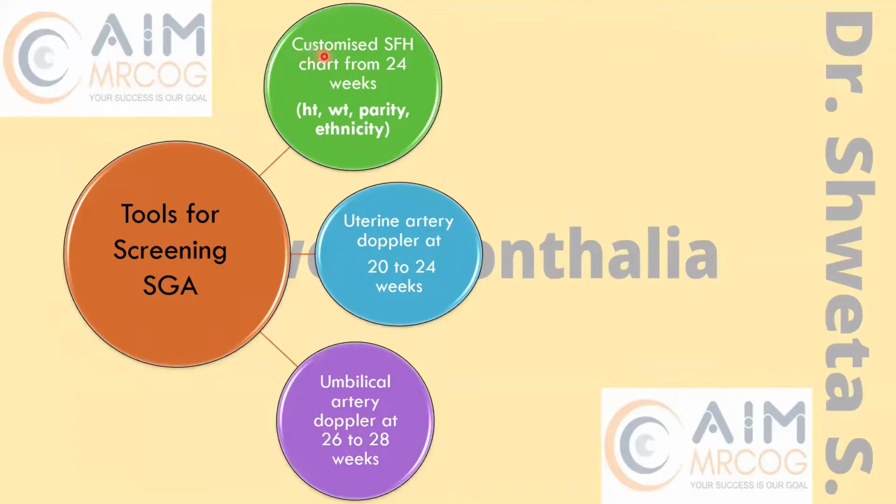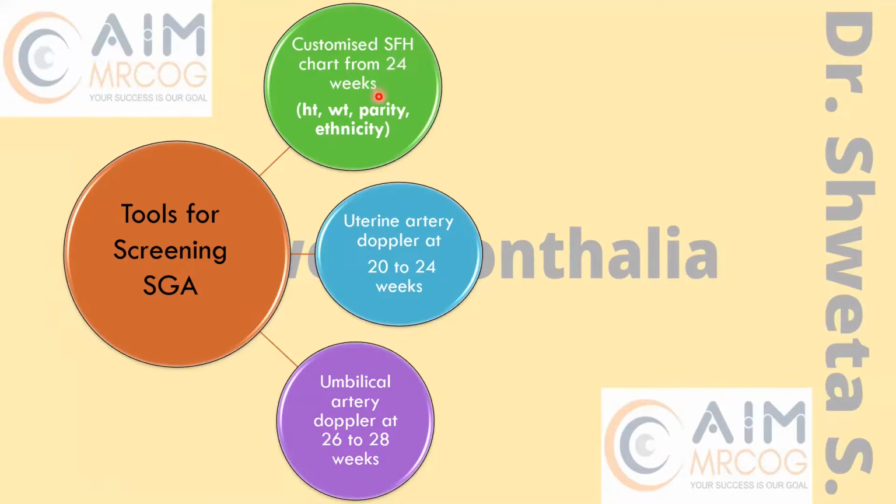So you have to customize your symphysiofundal height. If you will not customize, you will mistakenly tell it is more or less or something like that. So the customized word is very important. Never ever choose in exam simple SFH. Symphysis fundal height, always the word customized you have to choose with the SFH. And this should be done from 24 weeks.